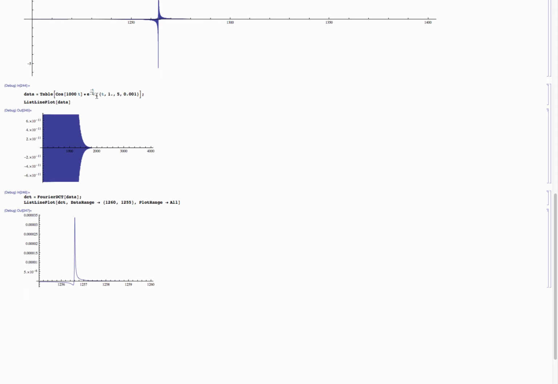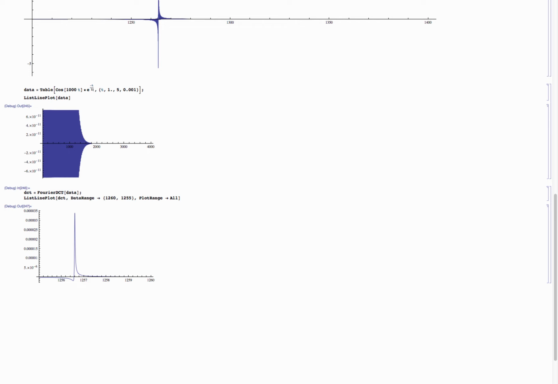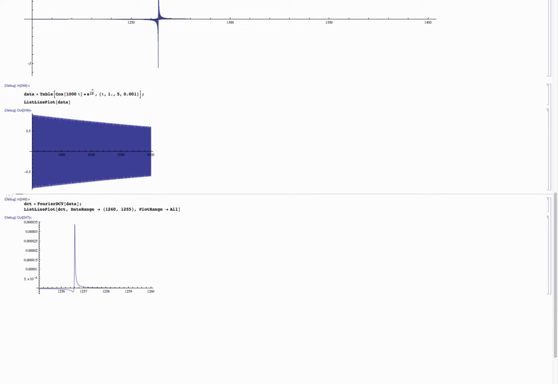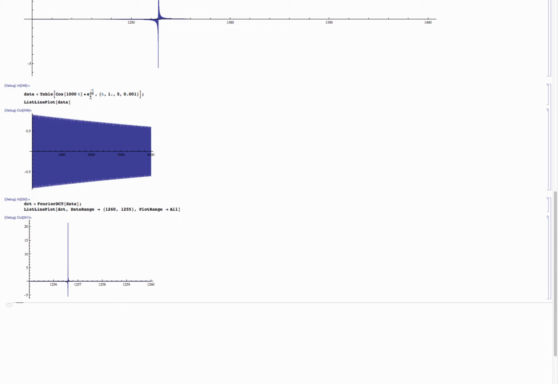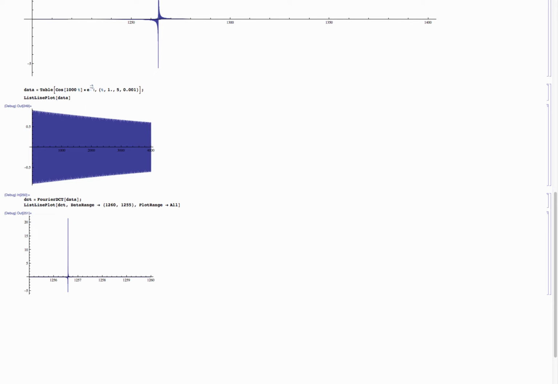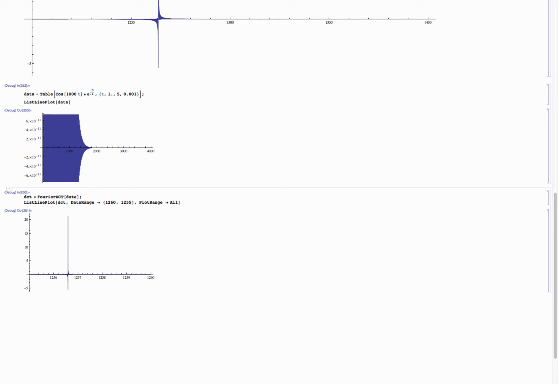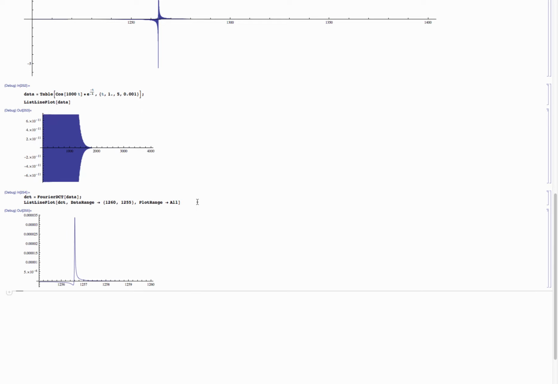Now if I make it 10, it takes a lot longer to decay, and I'm just sampling out to 5 seconds. If I take that same data and do a discrete Fourier transform on it, you'll see a nice sharp peak. But if I make it back to 0.1 and then do the discrete Fourier transform, you can see the peak gets a lot broader.